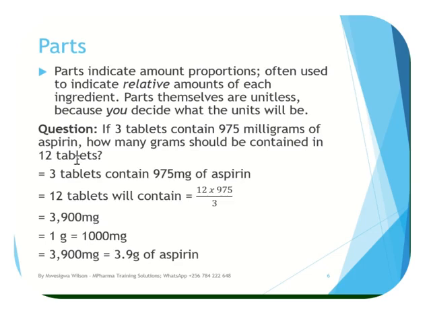You can see this is just a proportion. And to calculate this, you have to interpret this statement here. The 3 tablets contain 975 milligrams of aspirin, but they want you to say what will be in 12 tablets. So these ones will contain this. This is the expression.